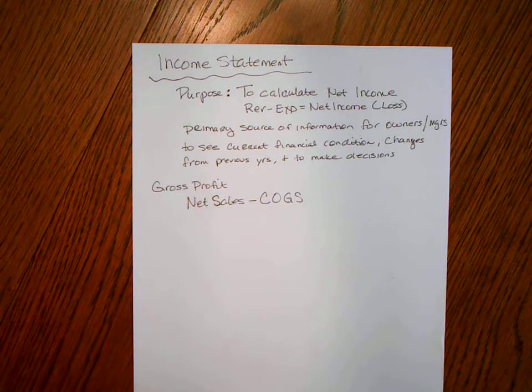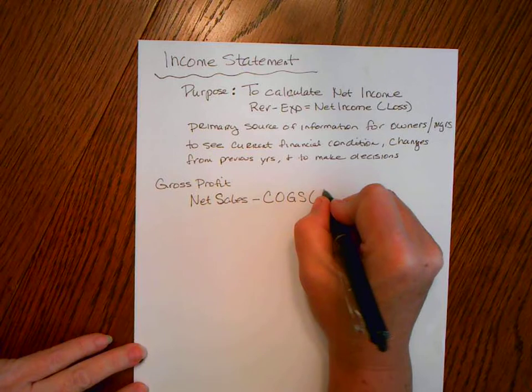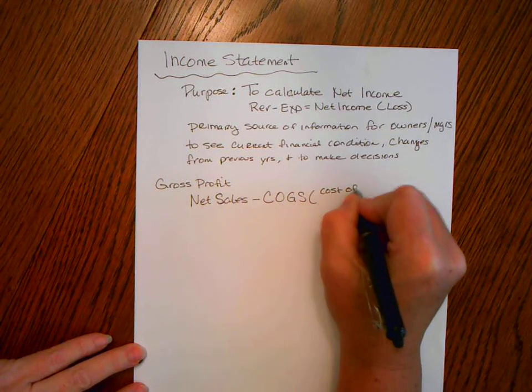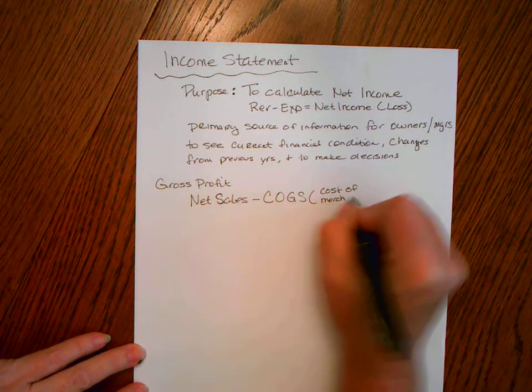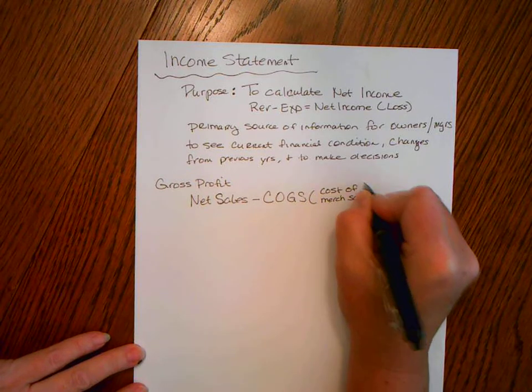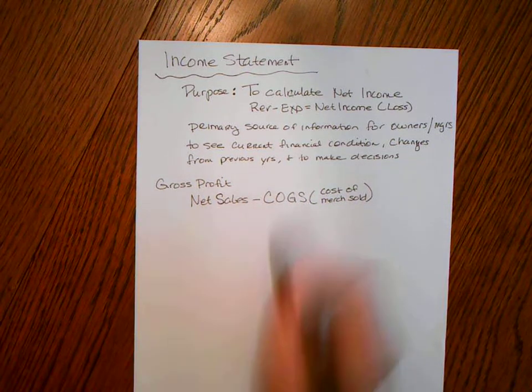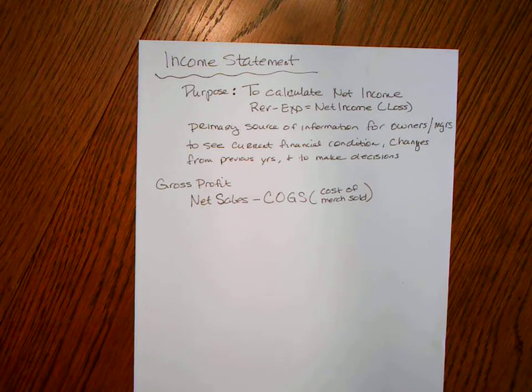And I'm going to tell you that our book actually uses cost of merchandise sold, but COGS is just a very common term, and it's a nice little abbreviation that we can use. Different sources, different teachers, different books use it different ways. Merchandise is just a more formal way of saying it, cost of merchandise sold, but COMS is not quite as fun to say as COGS, I guess.